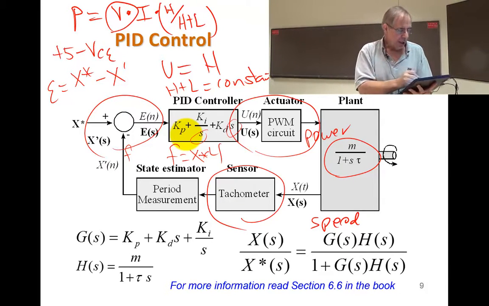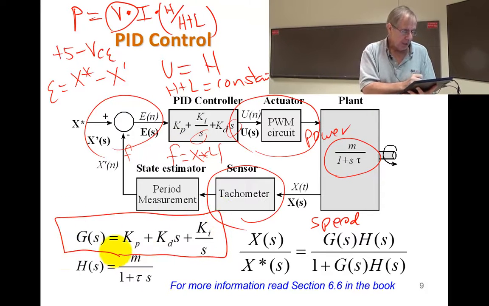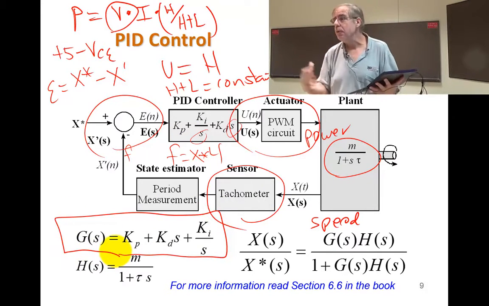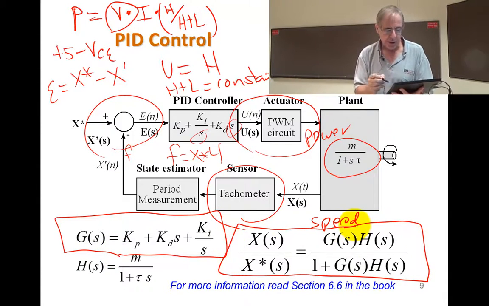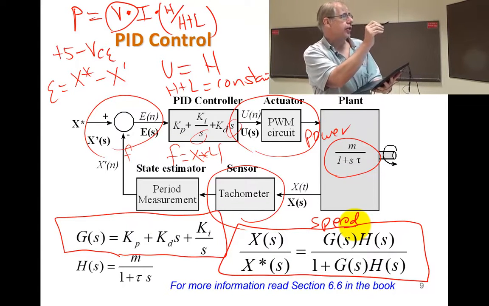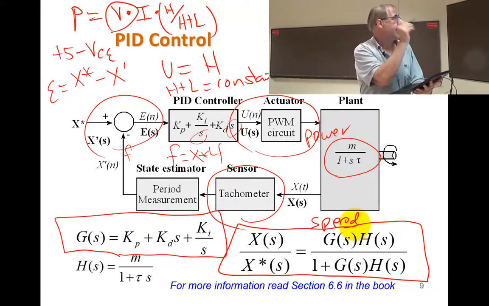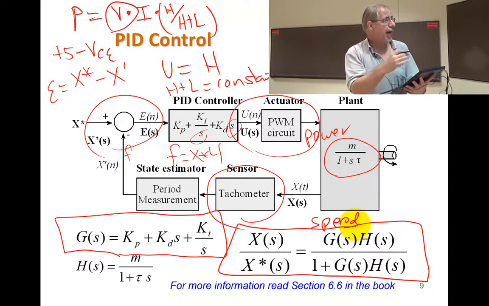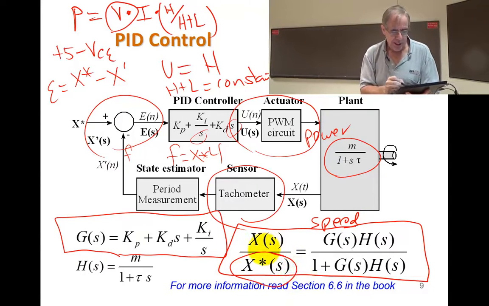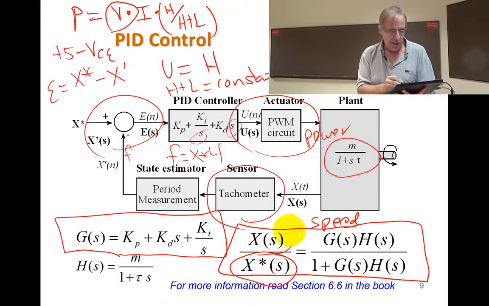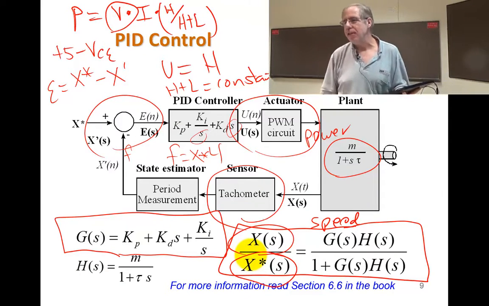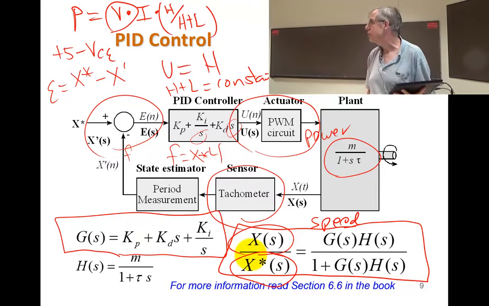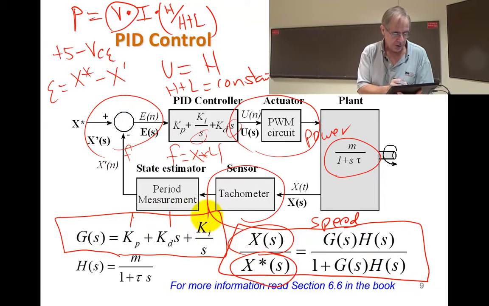But if I were to be able to write my controller in 313 mode, in Laplace mode, I can now solve the entire system, which includes both the actuator and the plant and the sensor and the state estimator and the PID controller and the subtractor as a gain, if you'd like, between the desired speed and the actual speed. Okay? I can write an equation for this. And I can solve this in Laplace domain and get whatever response you want by adjusting these three parameters.